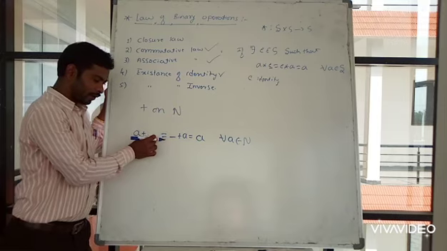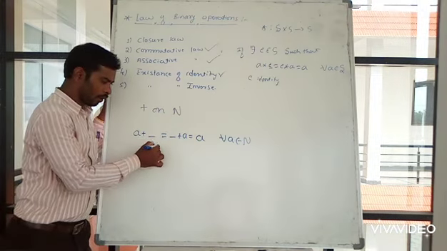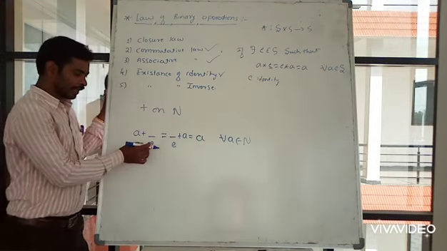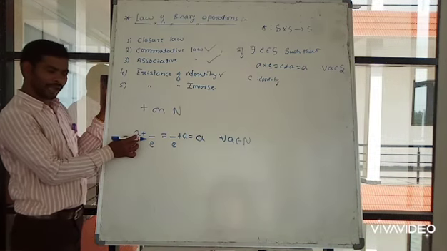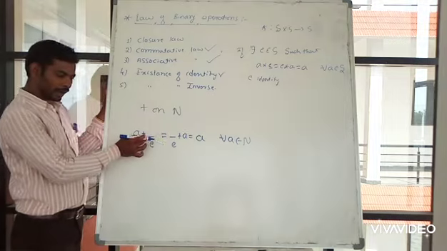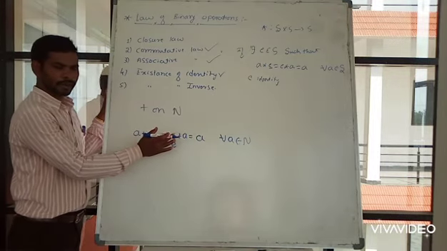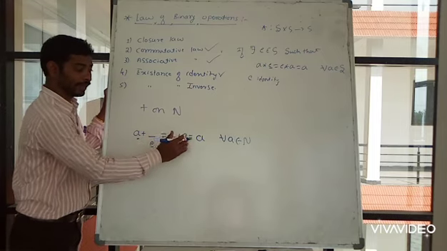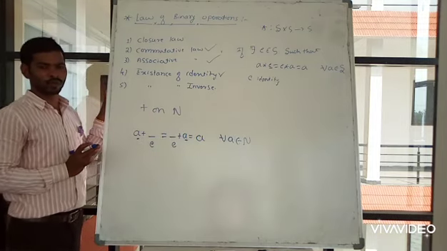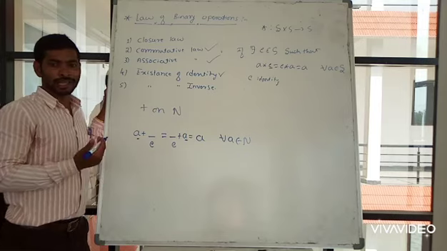But the value of E we are looking for is such that if you add it to A, from right to left or left to right, there is no change in the value of A. We get the result A only, not A plus 1, not A plus 2, not A plus 3.